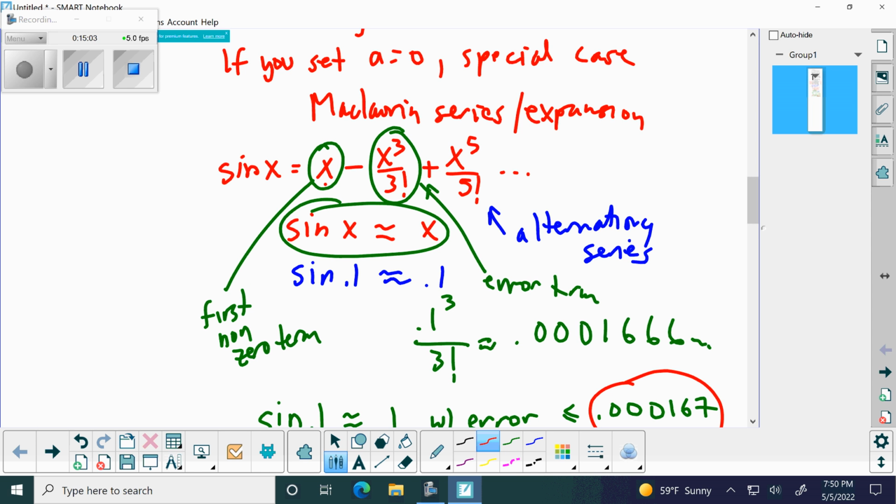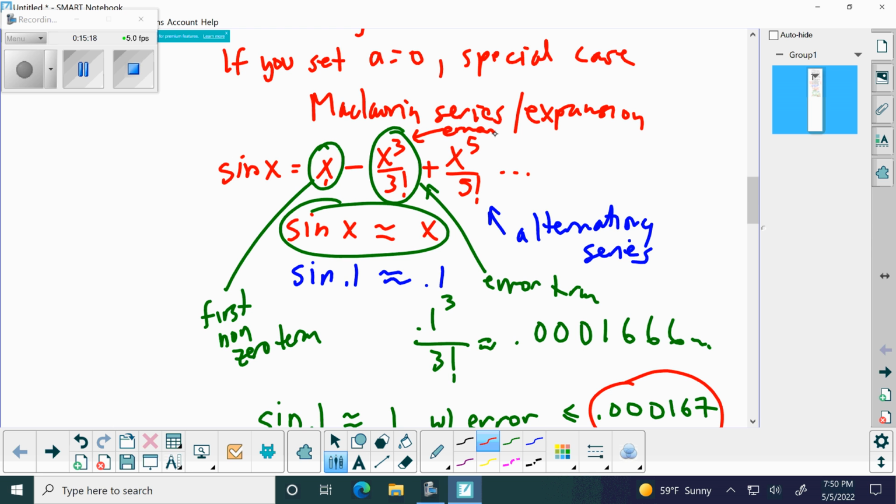Realizing that in an alternating series, the error from approximating the value of the function by the first term of the series is given by the next non-zero term.